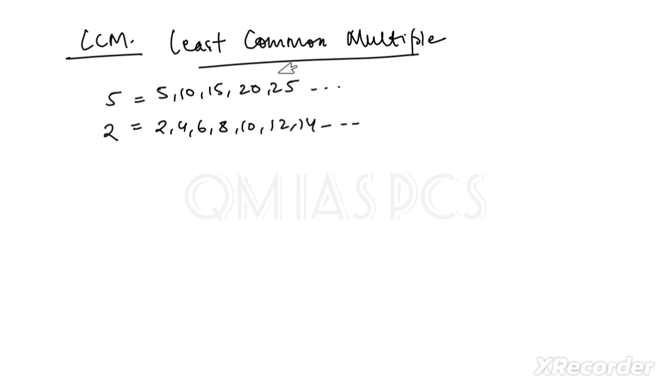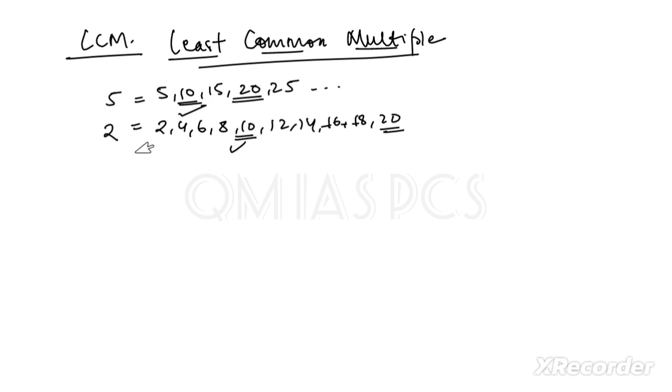So we have to see the least common multiple. These are multiples, so what is common? Here 10 is the first common one. The second common one, after 14 it will be 16, then 18, then 20, so 20. Among both common multiples, which one is least? 10 is the least one.